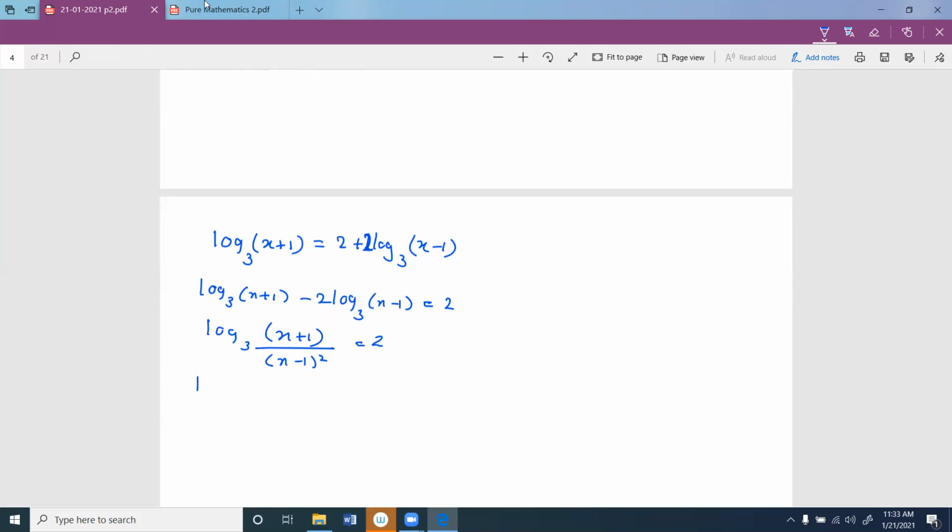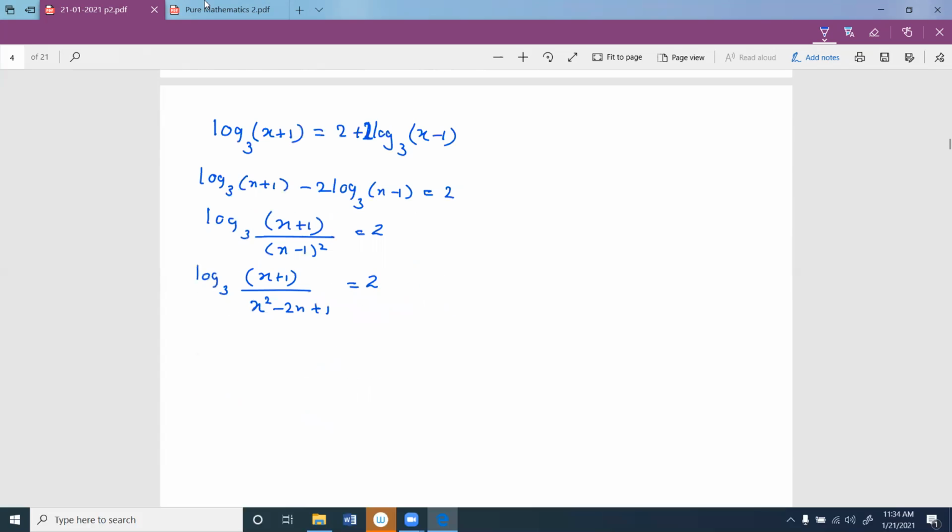So you can say this is log 3 of (x plus 1) over (x squared minus 2x plus 1) is equal to 2. So from this you can say (x plus 1) over (x squared minus 2x plus 1) is equal to 3 to the power 2.